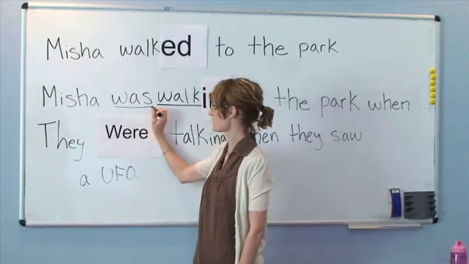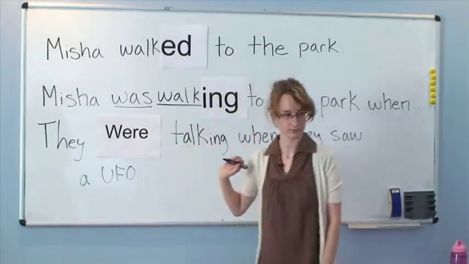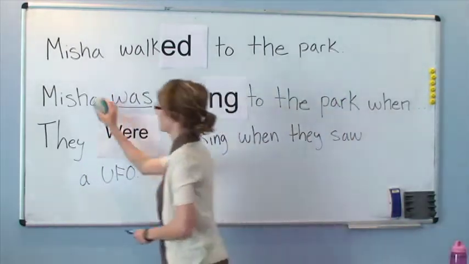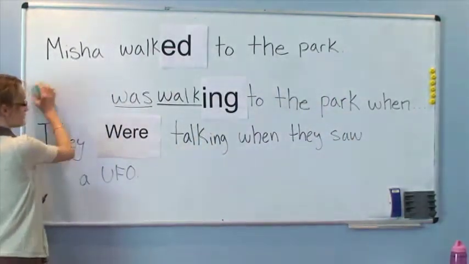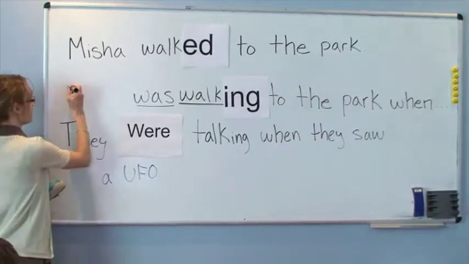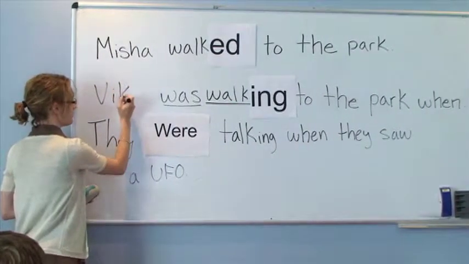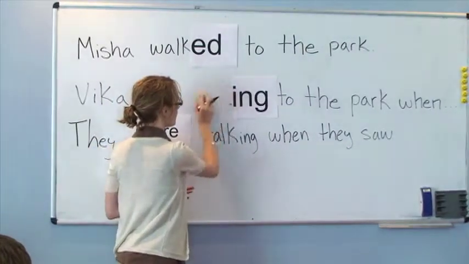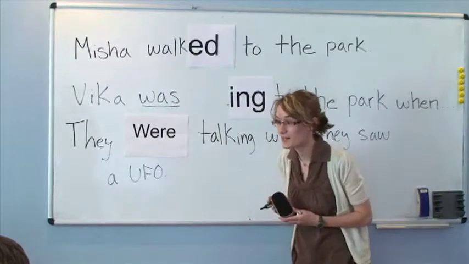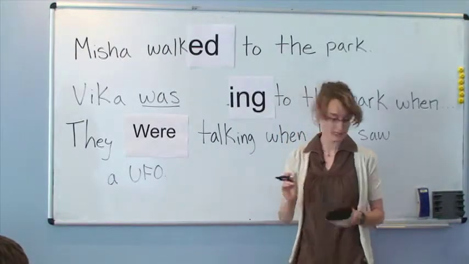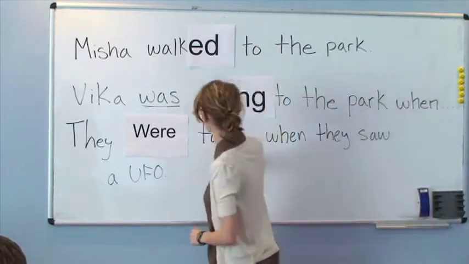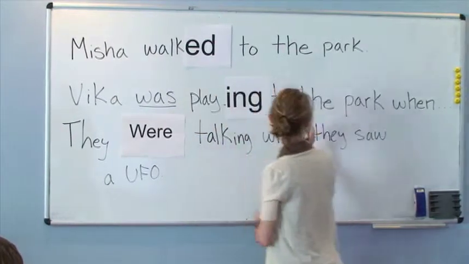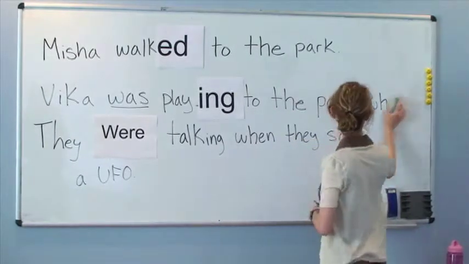How can we make another sentence that uses was? Let's say Vika. What was Vika doing? Vika was what? Playing computer games. Playing. Oh, playing. Playing, and then what happened?